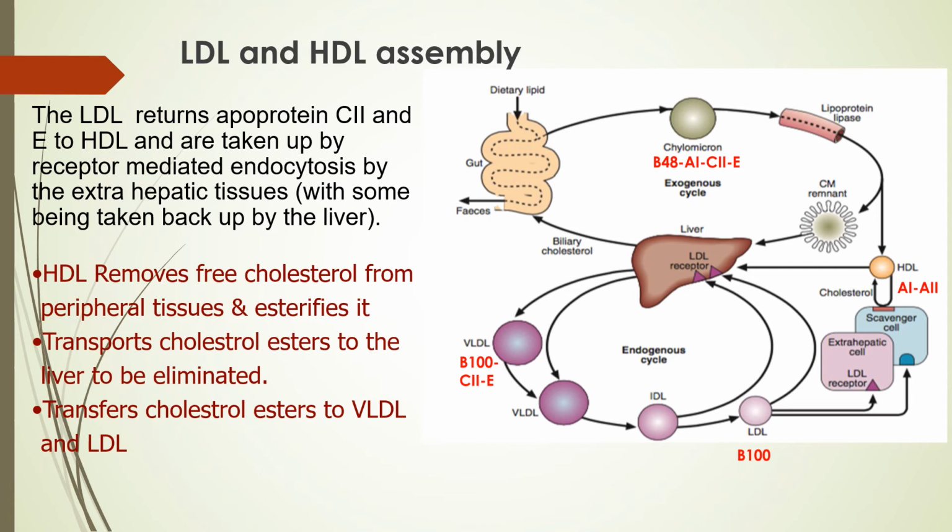The most dangerous one of these lipoproteins is the low-density lipoprotein, which originates by breakdown of very low-density lipoproteins and intermediate density lipoproteins with loss of the apoprotein C2 responsible for their metabolism and apoprotein E responsible for their targeting.